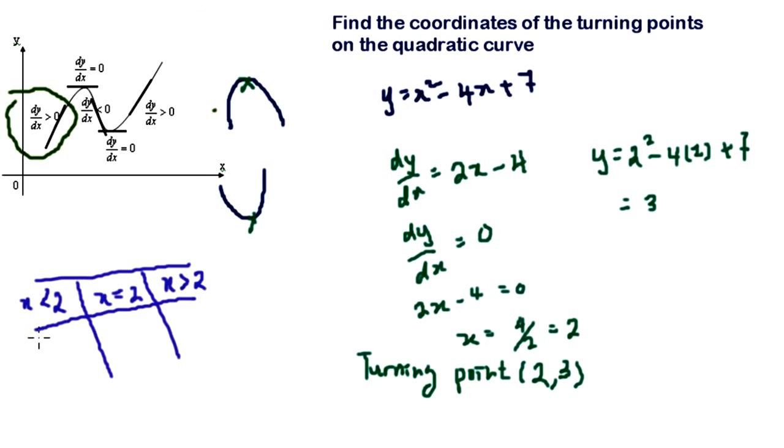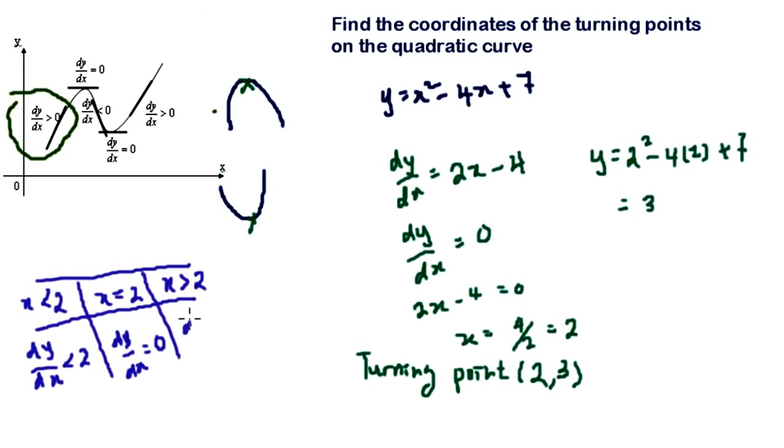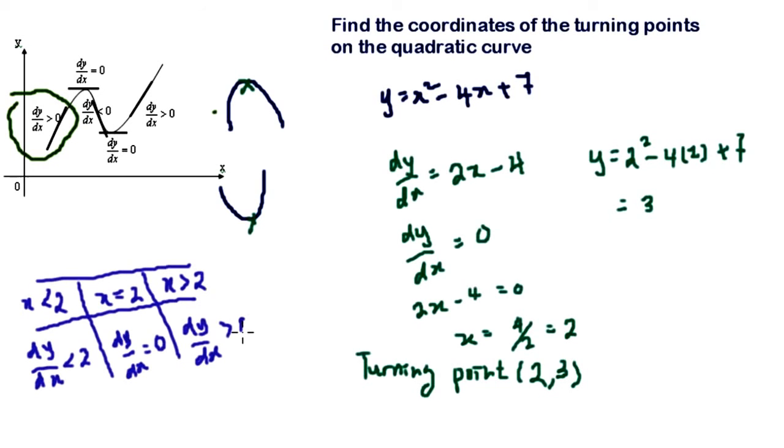So you know that if x is less than 2, dy over dx will be less than 0. When x is equal to 2, dy over dx is equal to 0, and if x is larger than 2, definitely dy over dx will be more than 0.